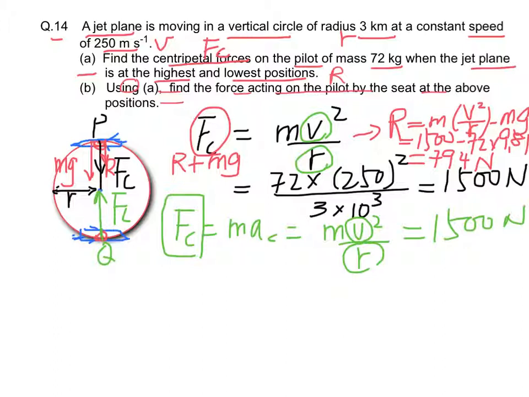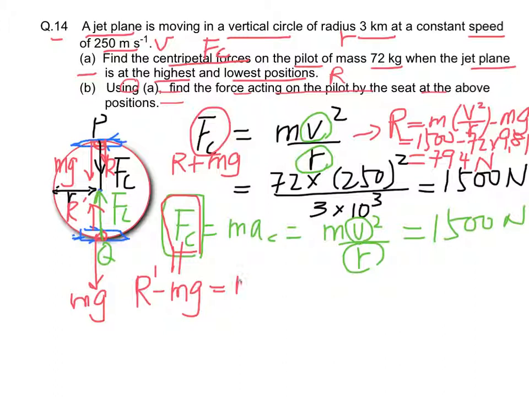When the jet plane is at the lowest point Q, the forces acting on the pilot are the weight mg downward and the reaction force acting on him by the seat R, which is upward. At Q, the centrifugal force acting on the pilot is equal to the reaction force R minus his weight mg, which is towards the center, equal to mac.